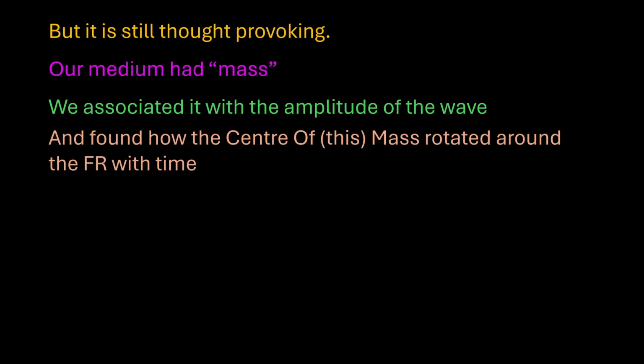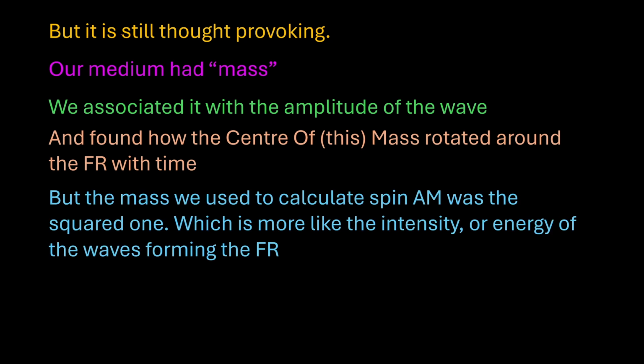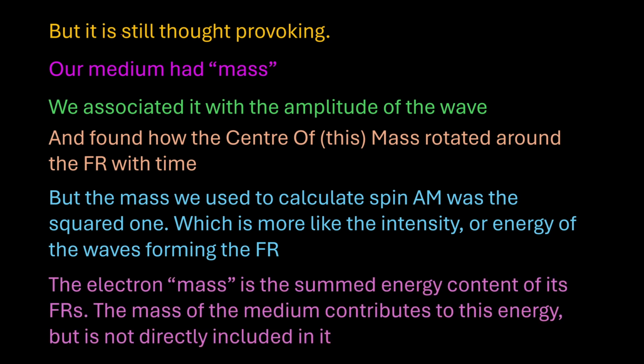But then we seemingly abandoned the concept of this mass and switched to the mass as being related to the square of the amplitude, which is its intensity or energy content. So what we take to be the mass of the electron structure is simply a measure of its energy content, which of course accords perfectly with the relativistic mass-energy equivalence.